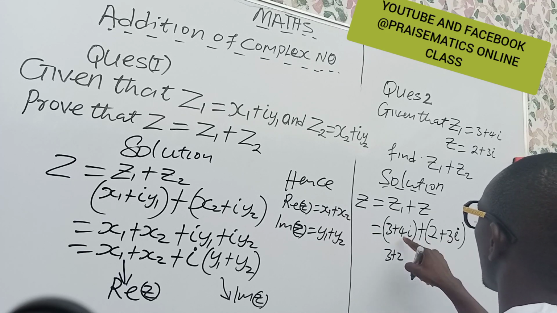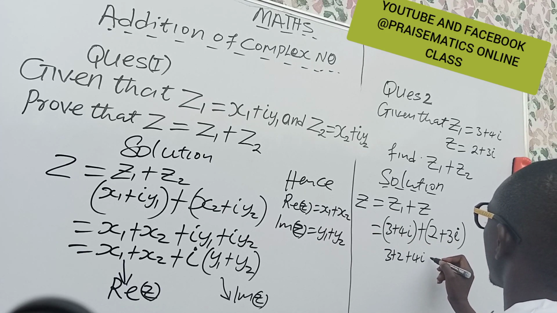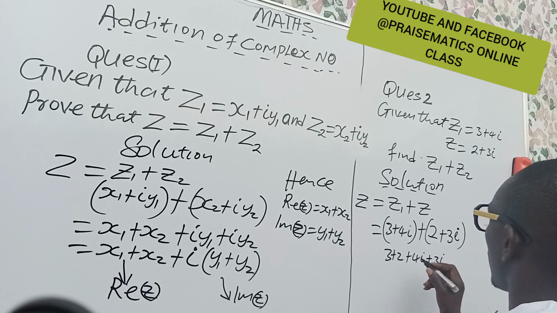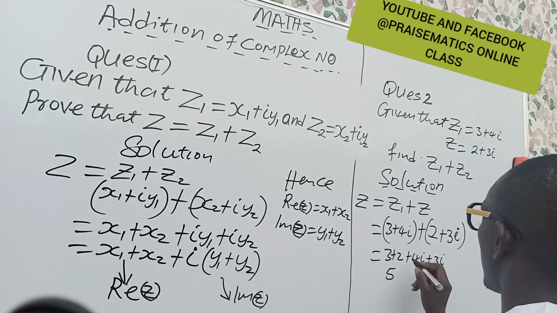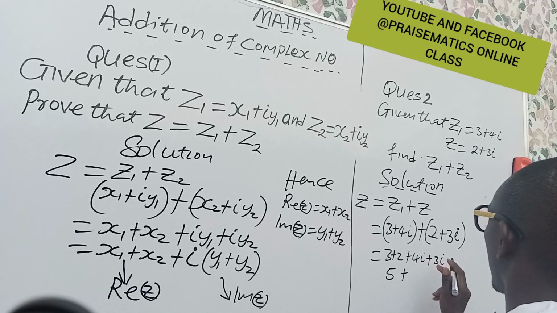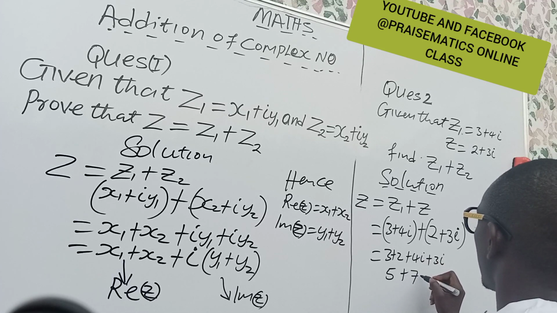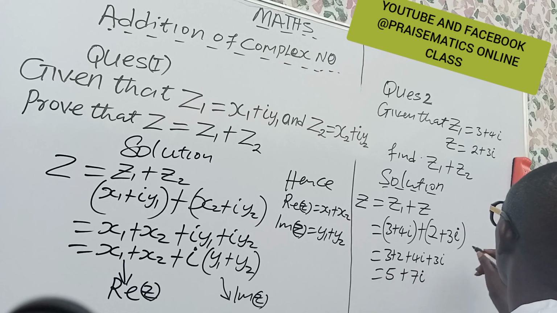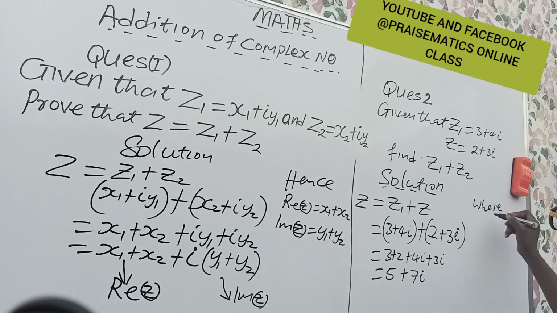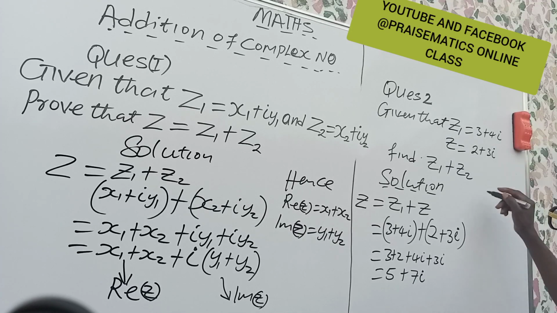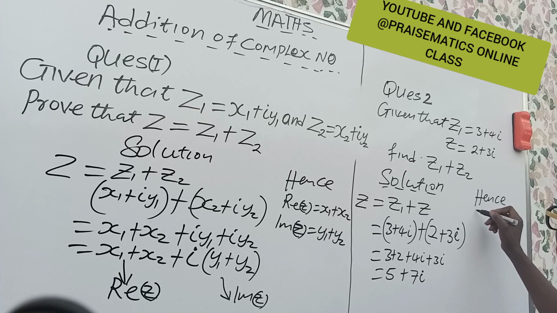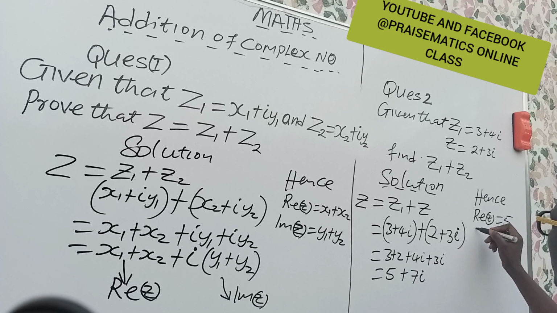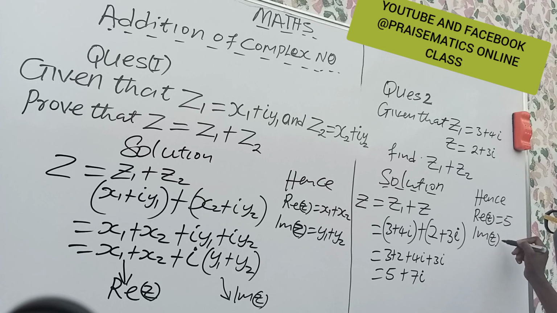Then 4i plus 3i. Here, 3 plus 2 is 5, plus, 4 plus 3 will give us 7, so 7i. Hence, Re(z) is equal to 5, Im(z) is equal to 7. Okay, that is the answer.